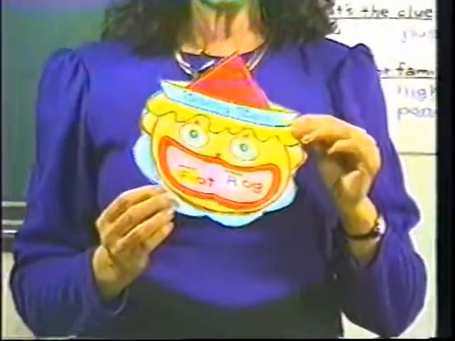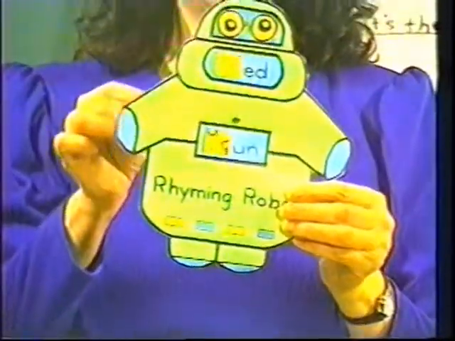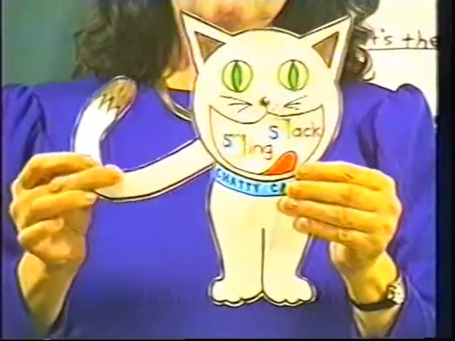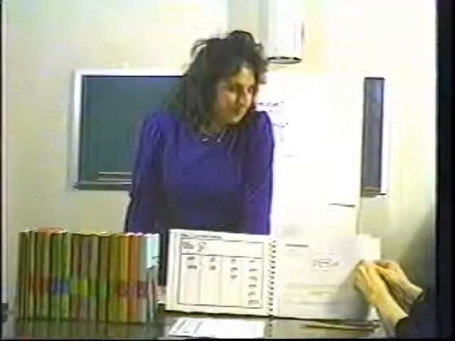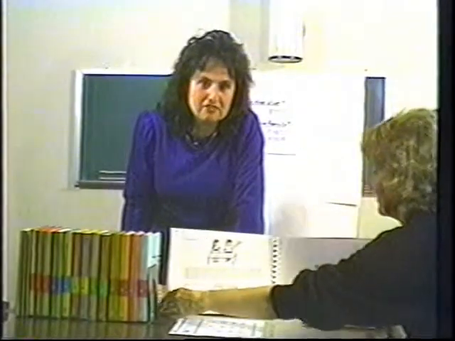Just to give you an idea how these look when completed, this is Babbling Bozo. When you spin this, the words change. Rhyming Robot, when you spin this, the words change. And this is Chatty Catty, and when you spin the tail, the words will change. You will find that these activities help to strengthen these families.